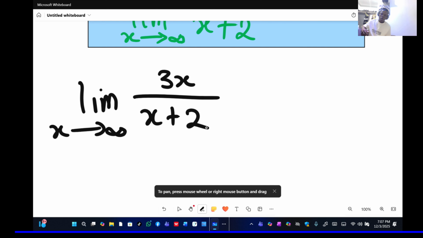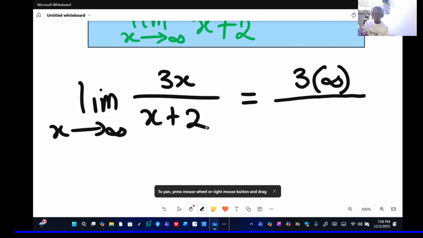So let us try the direct substitution and see what we're getting. All right, so it means wherever you see x, you plug in positive infinity. So we have 3 multiplying positive infinity, then you divide it by positive infinity plus 2.